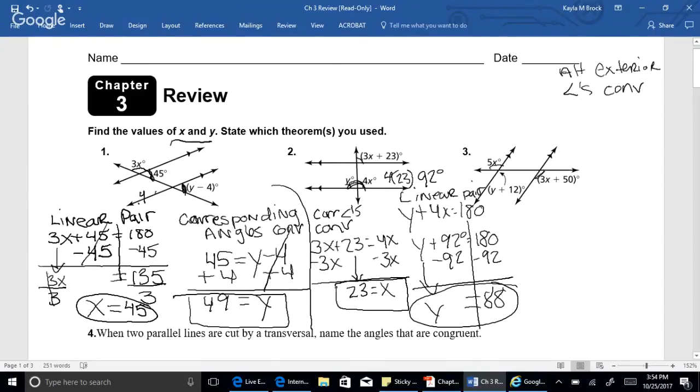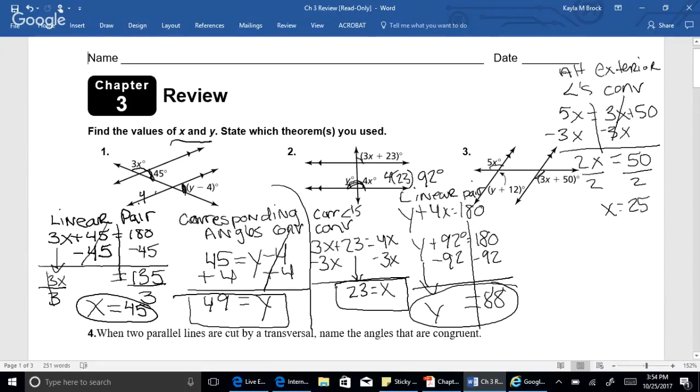So it's 5x equals 3x plus 50, okay? And what you want to do is subtract the 3x across. 2x equals 50, divide by 2, divide by 2, x is equal to 25, okay?